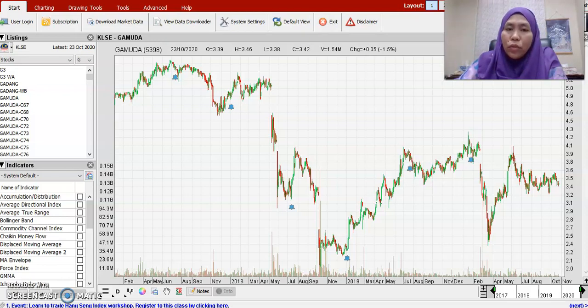Okay, for a downtrend, the rule is we connect the highest points, and the new high must be lower than the previous high.